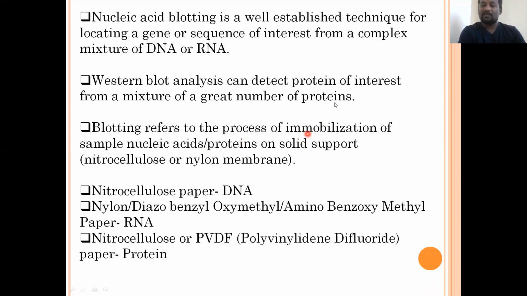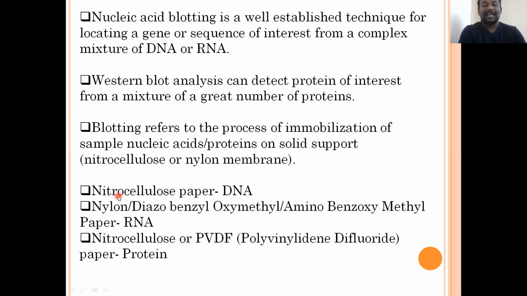This can be done by adsorption, cross-linking, or covalent bonding. This immobilization process makes the nucleic acid or protein attached to the solid support. That is called blotting.